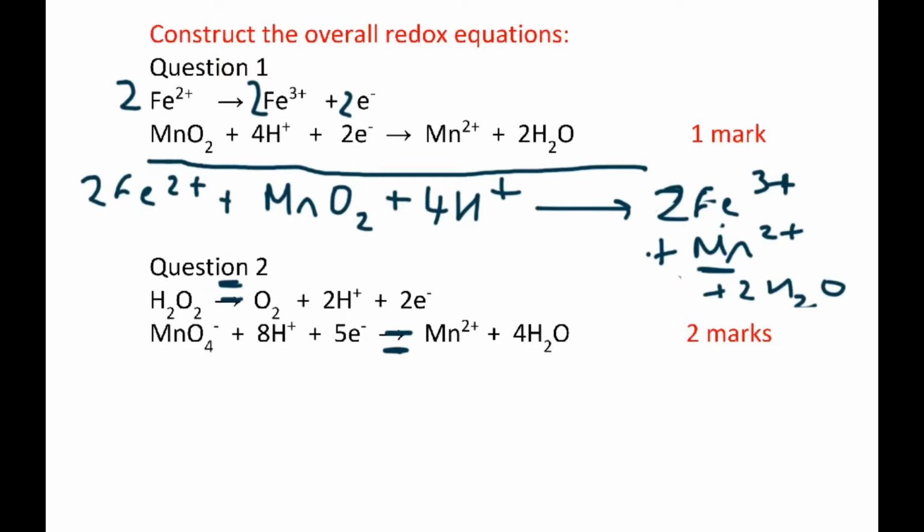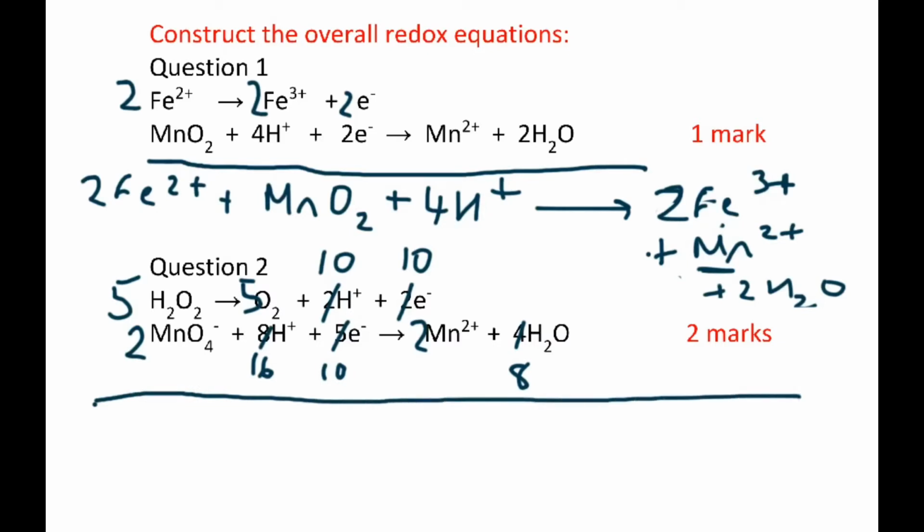So we're going to times everything on the top by 5: 5H2O2, 5O2, 10H+, 10 electrons. Then times everything on the bottom by 2: that'd be 16H+, 10 electrons, 2 and 8. Then add the left together and add the right together.